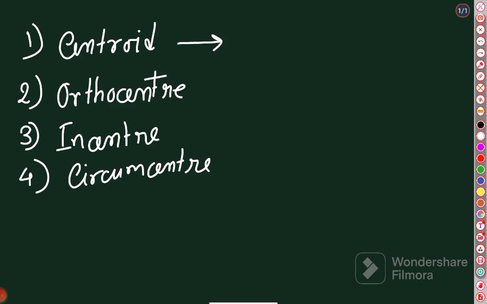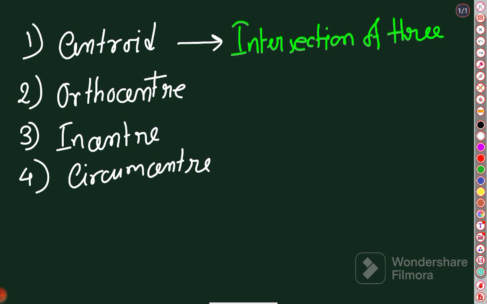Centroid is the intersection of three medians of a triangle.